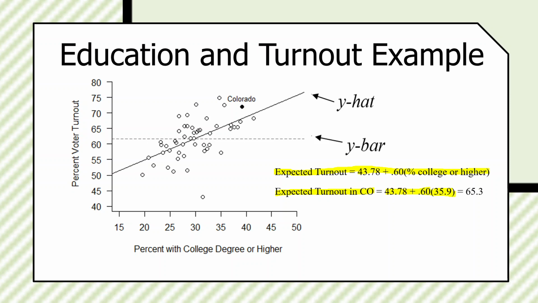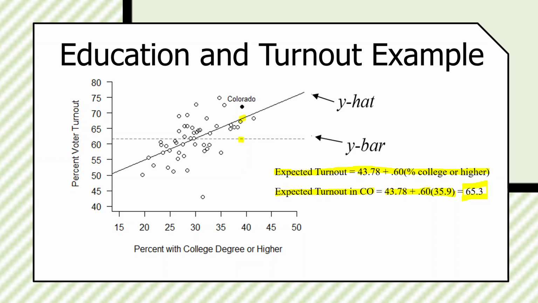So we plug this value in, and we get an estimated value for the turnout in Colorado of 65.3. So whereas without knowledge of the independent variable we guessed about 60, now with the leverage gained by the relationship between the independent and dependent variables, we would guess 65.